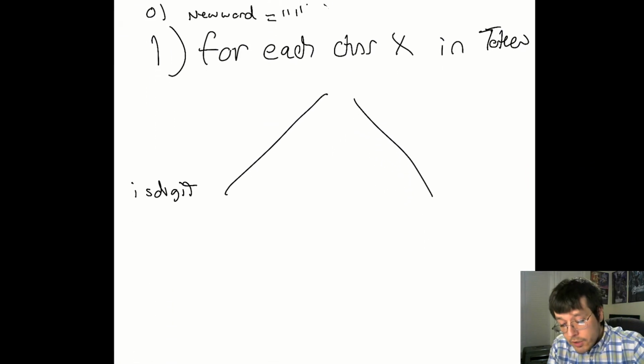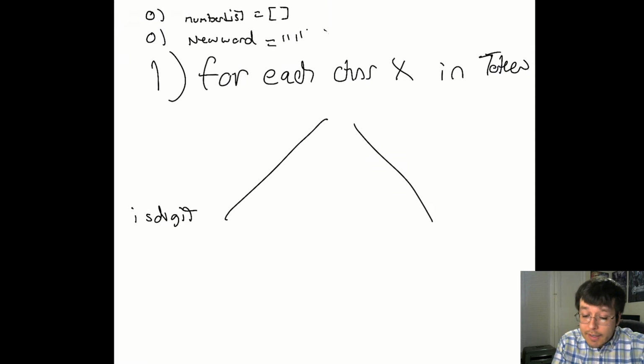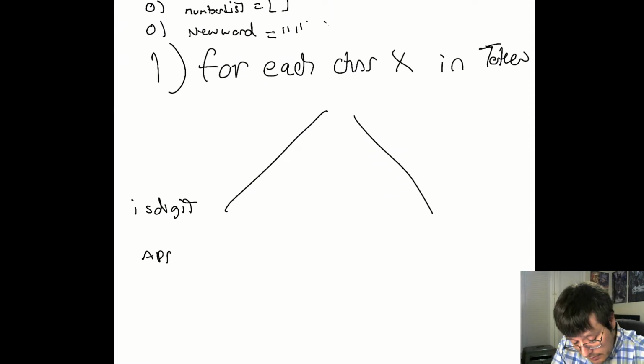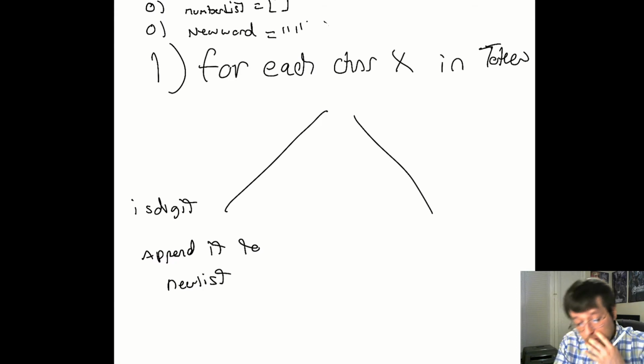So now, for each of these characters in a token, if it's a digit, then I'm going to go ahead and append it to new word. Okay, so just take whatever you have in new word and append it. You know how to do that. Plus equals, or new word equals new word plus the character, which is X. Okay, if it's a digit, that's all I'm going to do.